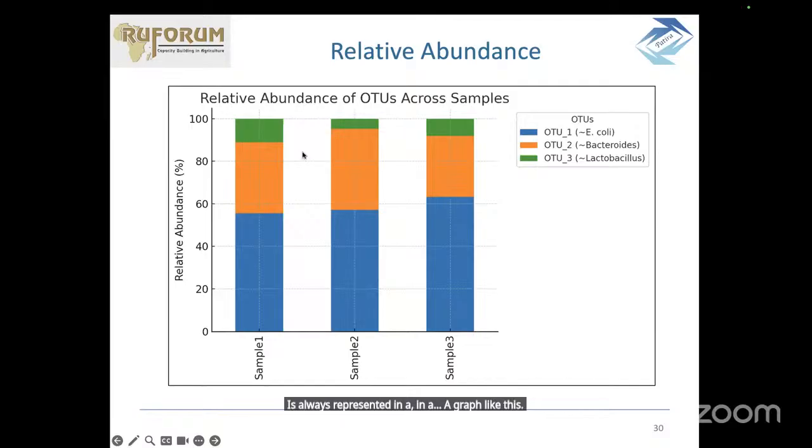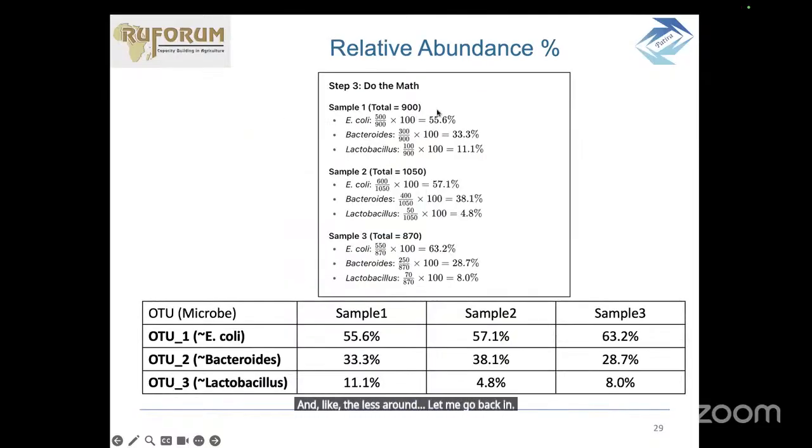If you look at sample 1, the relative abundance of E. coli is around 50-something% here, and OTU for bacteroides is around 33%, and lactobacillus around, let me go back here. E. coli 55.6%, bacteroides 33.3%, and lactobacillus 11.1%.